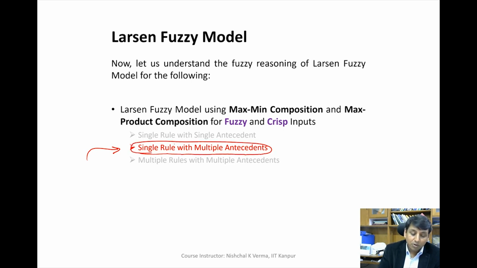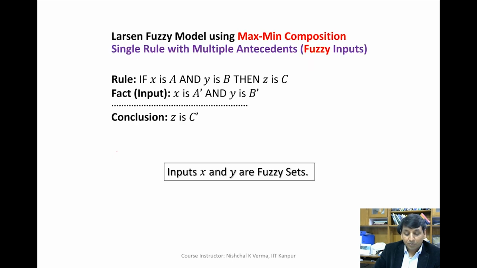So this is very important to note. We already know how the rule of this kind of model will look. Since the model is defined by only one rule, we have a single rule.